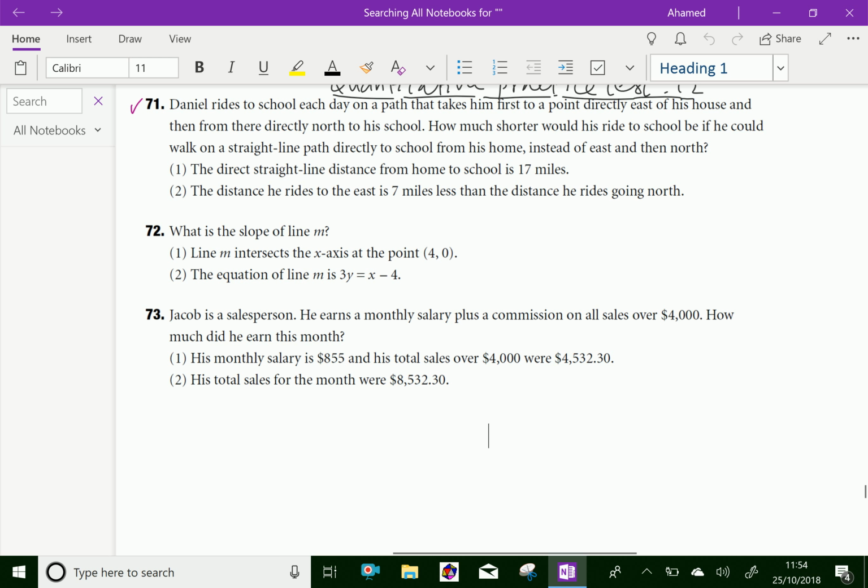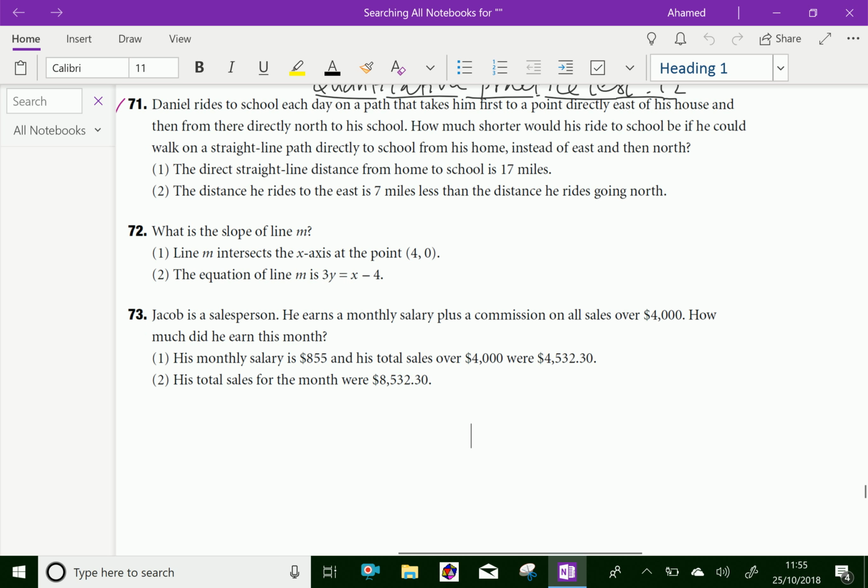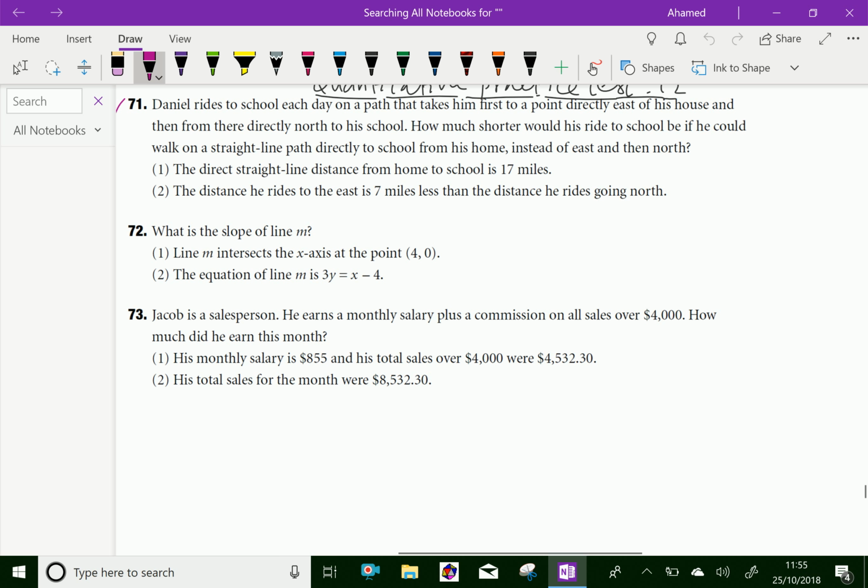Here, Daniel's house and school are like here. Suppose we make it this direction. This is east, north, east, west, north, south. Here, the first statement says the direct straight line distance from home to school is 17 miles.